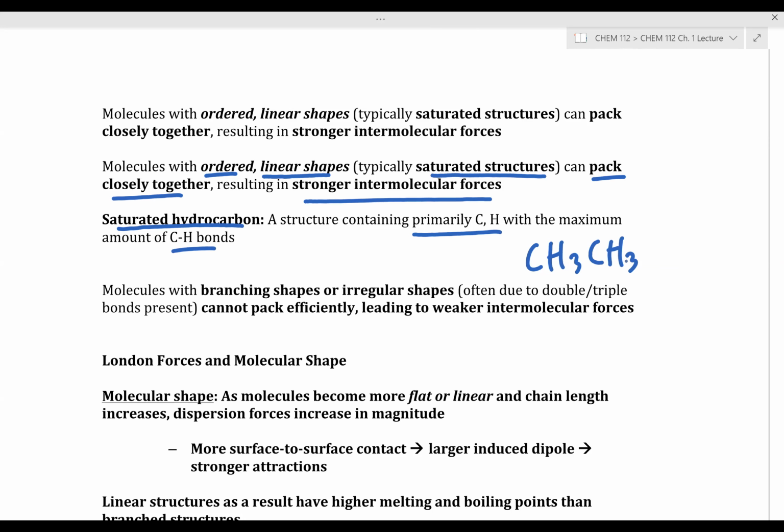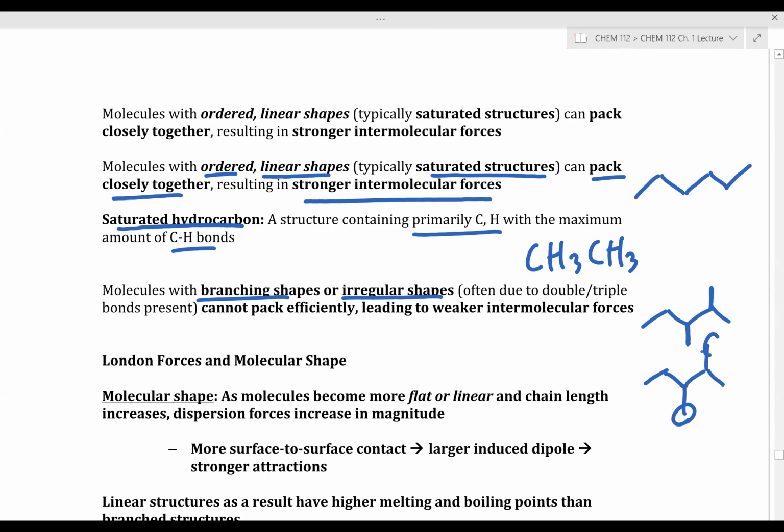Now, when we compare linear molecules drawn in line notation, they look something like this. When we compare linear molecules to what we call branched or irregularly shaped molecules, let's suppose we have some branching, and we try to pack multiple molecules on top of each other, in close proximity.